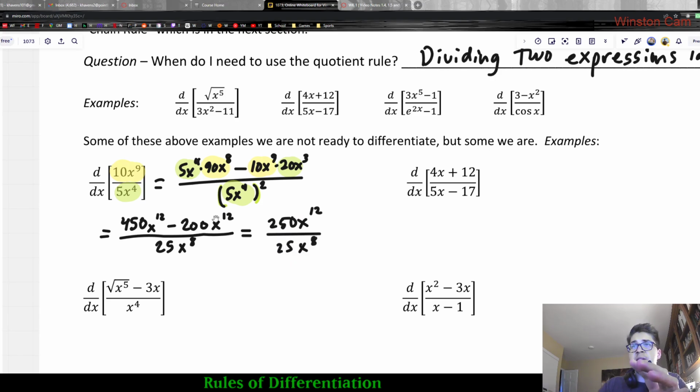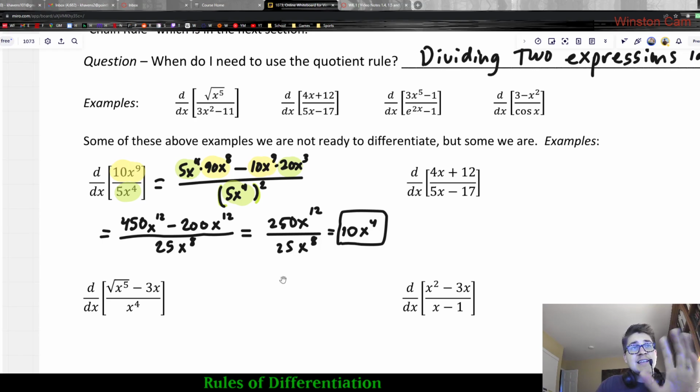And then once we combine those terms, notice that we have a single fraction involving power functions. These we can just straight divide, because 250 over 25 is 10. x to the 12th divided by x to the 8th, if you remember, we can subtract down to get x to the 4th. And what we come up with is our derivative after all is said and done.